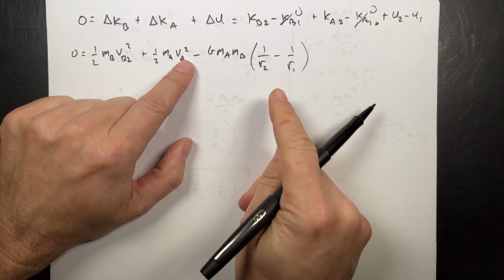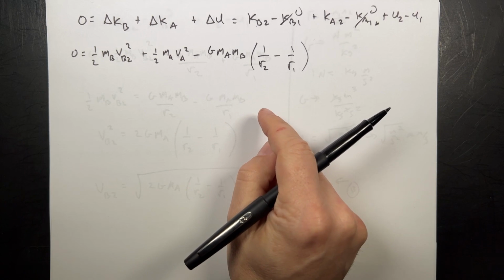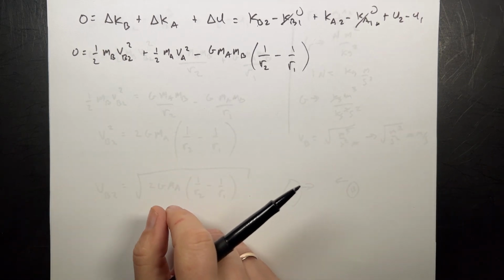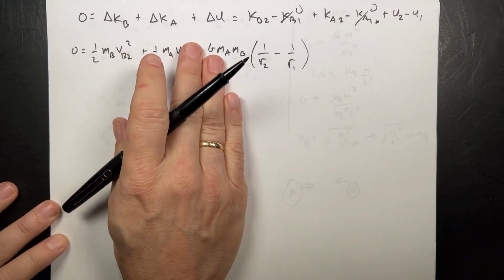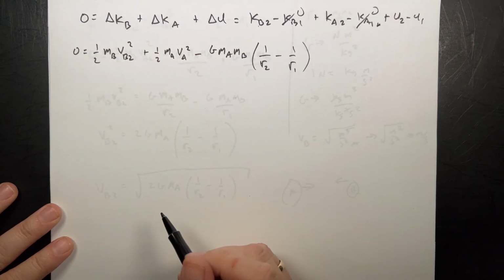That's the same thing, right? And this is the same thing I did before, except before that term was 0 because I assumed A didn't move. But now it does move.